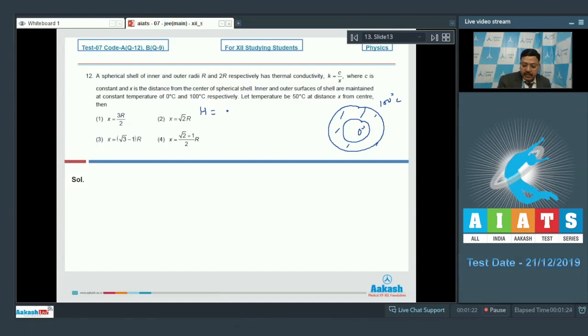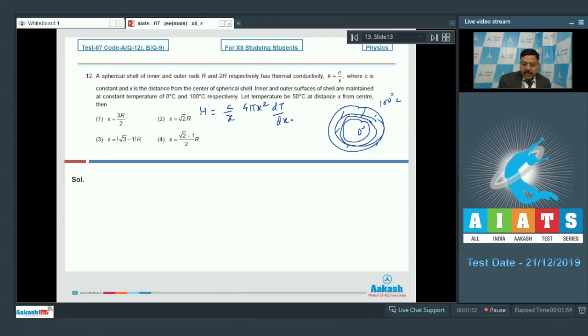and H will be then K, which is C by X, and the area, let's consider any thin shell of radius x and thickness dx. So it is K into the area, which will be 4 pi x square, and dT by dx.